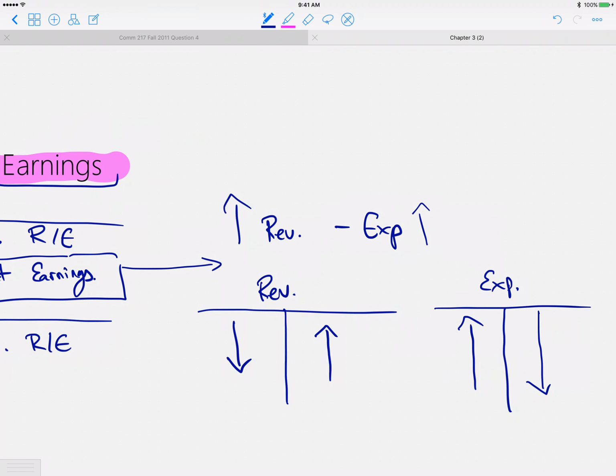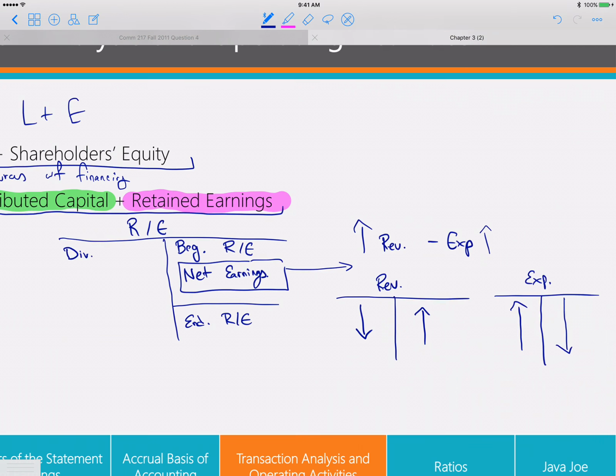An increase to expenses is a decrease in your equity. And if you look here at your dividends, well, if you pay out a dividend, right, an increase to dividends is going to decrease your equity. So it acts in the opposite way as an equity account. And a decrease to dividends would be a credit.